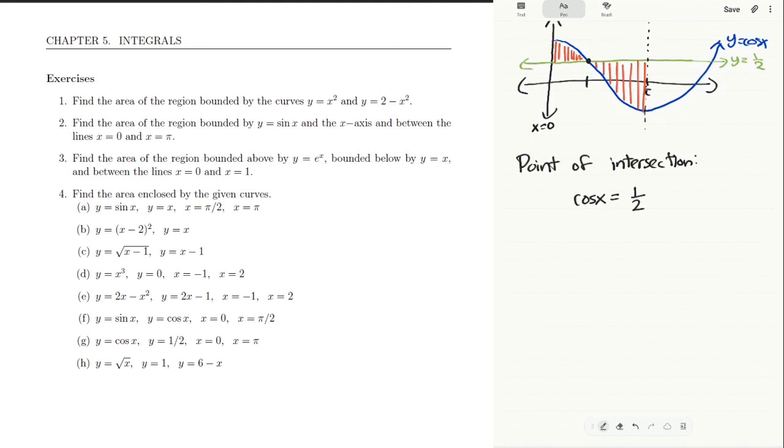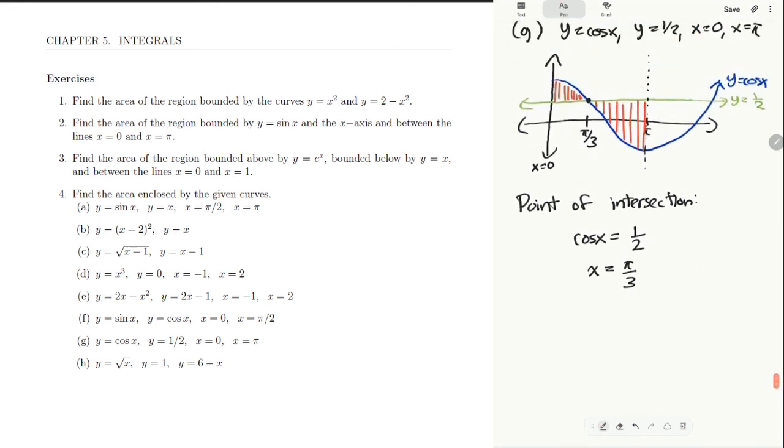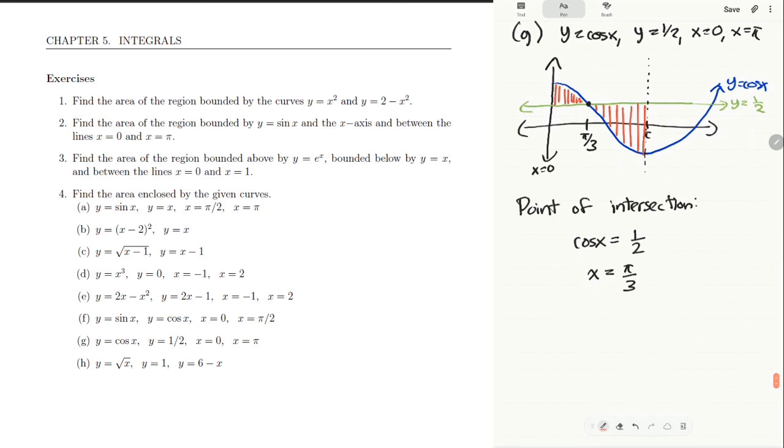And the angle is between 0 and pi. And so this happens when x is pi over 3. So this x coordinate is pi over 3. So now we will divide the area into two integrals. So we'll call this A1, and this region will be A2. And so the area of the regions is given by A1 plus A2.